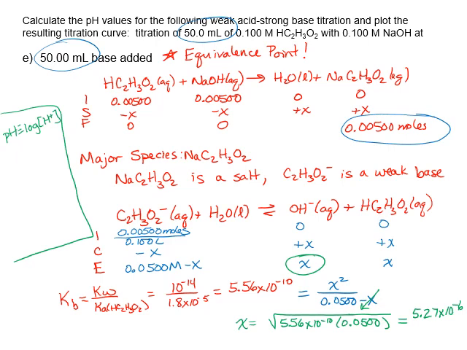So we have to convert hydroxide concentration into H+ concentration in order to solve this. If the hydroxide concentration is 5.27 times 10 to the minus 6, H+ concentration will be 10 to the minus 14 divided by that.